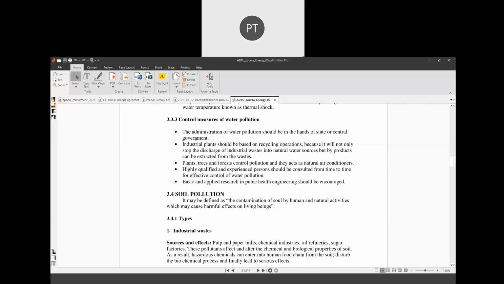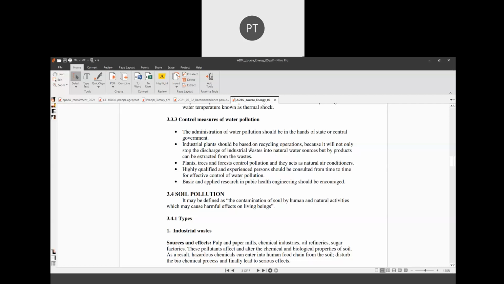Industry plans should be based on recycling operations, because it will not only stop the discharge of wastewater into natural water sources, but byproducts can be extracted from the waste. So one proposition is to reduce water pollution by recycling the water. Instead of expelling this water into natural streams or rivers, we can recycle it.